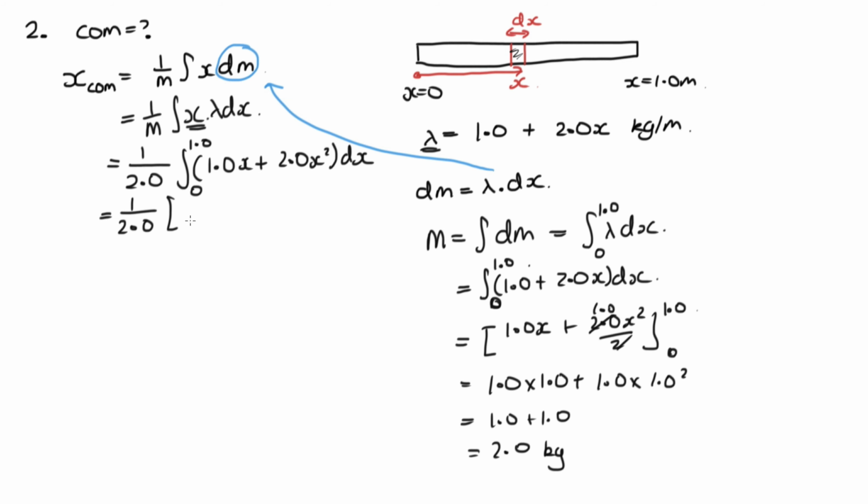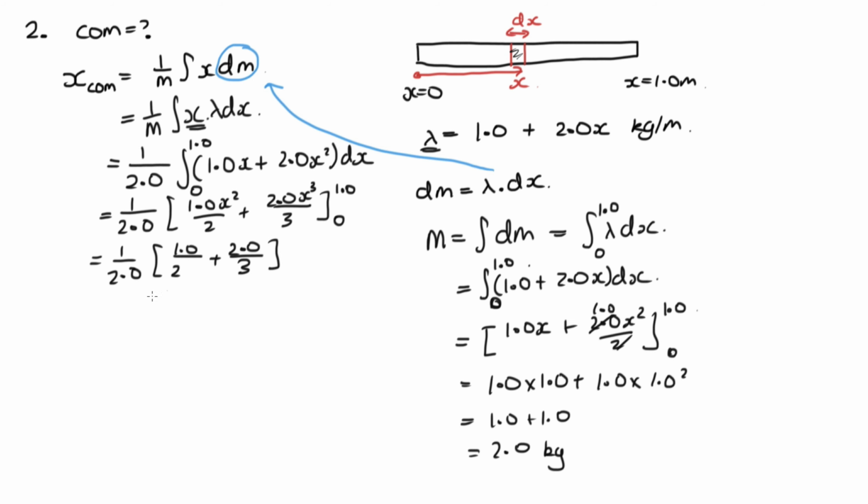So when we integrate this, we've got 1.0x squared on 2 plus 2.0, and when we integrate x squared, we get x cubed on 3. And this is evaluated from 0 to 1. And so this is 1 over 2 times 1 times 1 squared, so that's still 1 over 2, plus 2 times 1 cubed, which is still 1 over 3, and then when we put in the 0, that's still 0.